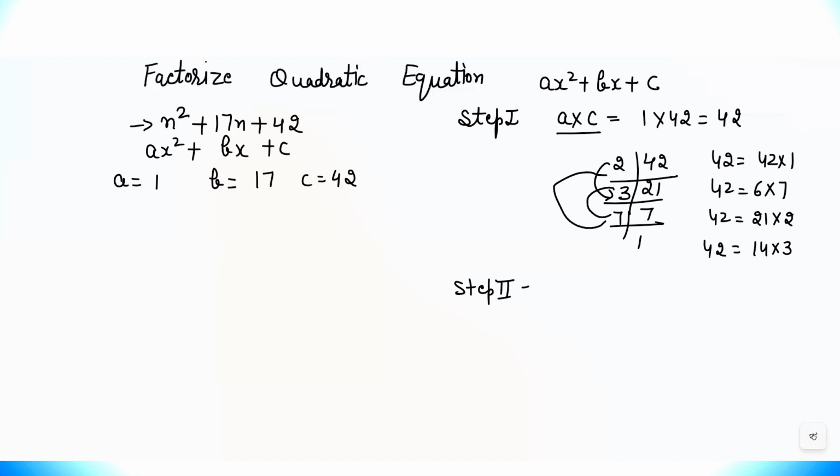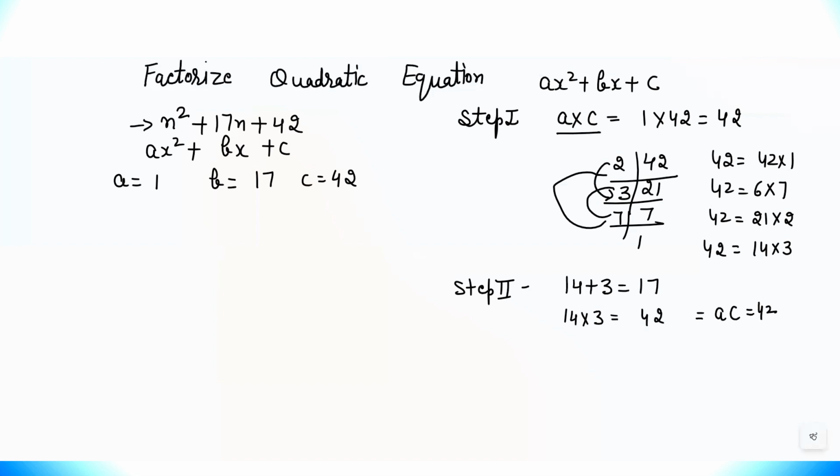From 42 and 1, if I add or subtract, I will not get 17. But if I do 14 plus 3, I'll get 17. Also, you need to check that when you find the numbers giving you b, you multiply those and it should give you the number equal to ac, that means 42. So I'm getting it.